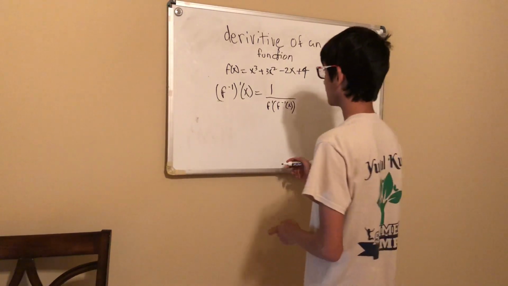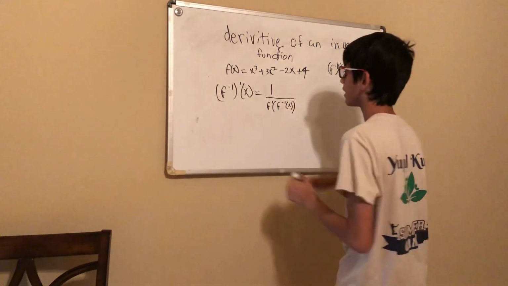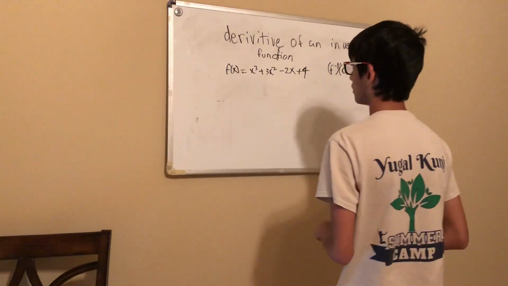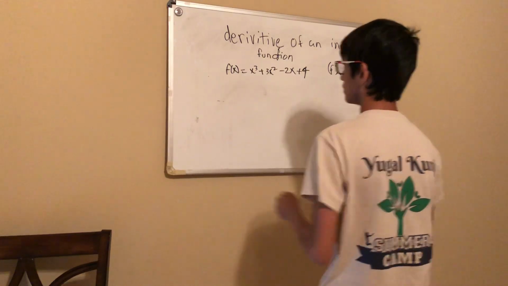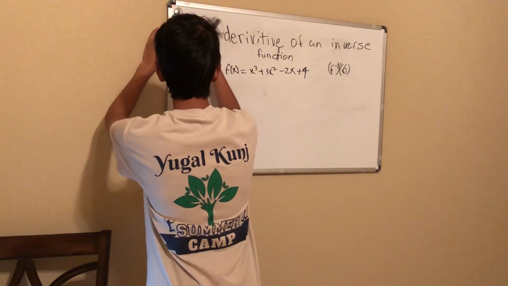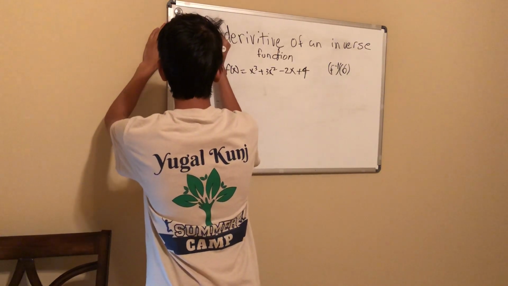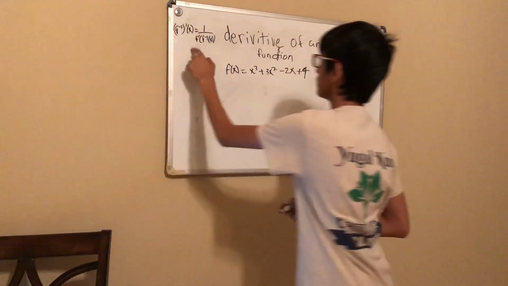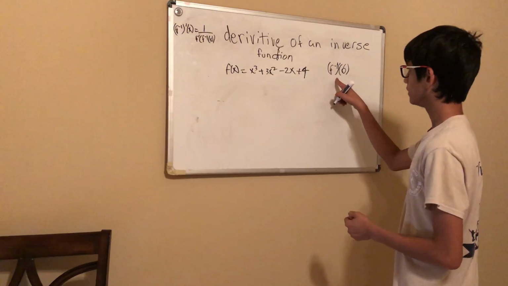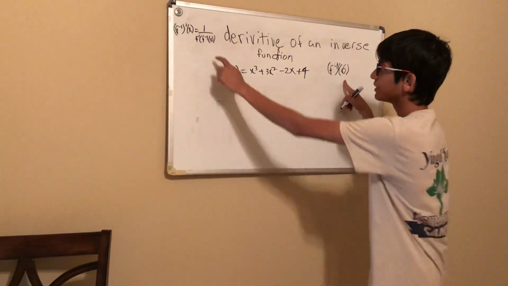I'm going to need to erase this. I'll rewrite this up here, that way you can still see it. So f inverse prime of x equals 1 over f prime of f inverse of x, right? So we need to evaluate what f prime of f inverse of 6 is, right? Because that's this part.